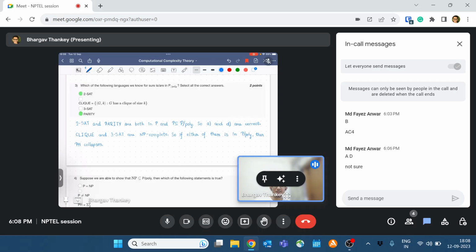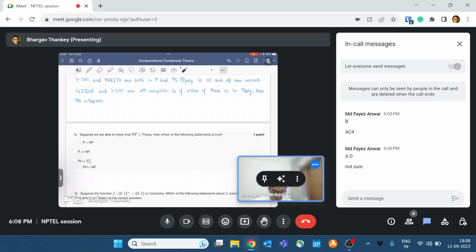And right now the question of whether PH collapses or not is an open problem. So we don't know whether B or C are in P slash poly or not. So we can't say anything about B and C. Is this fine? Yeah.